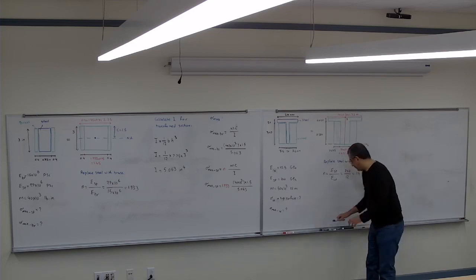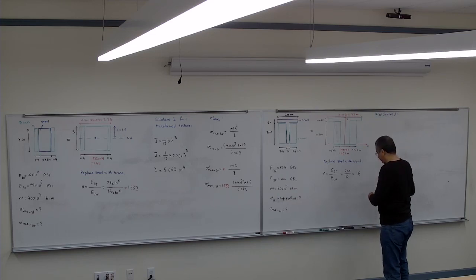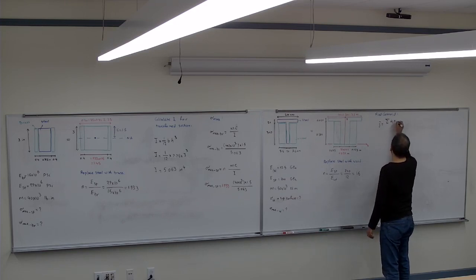So if I want to find the centroid, I know the x bar, and the y bar is sigma A_i y tilde divided by sigma A_i.